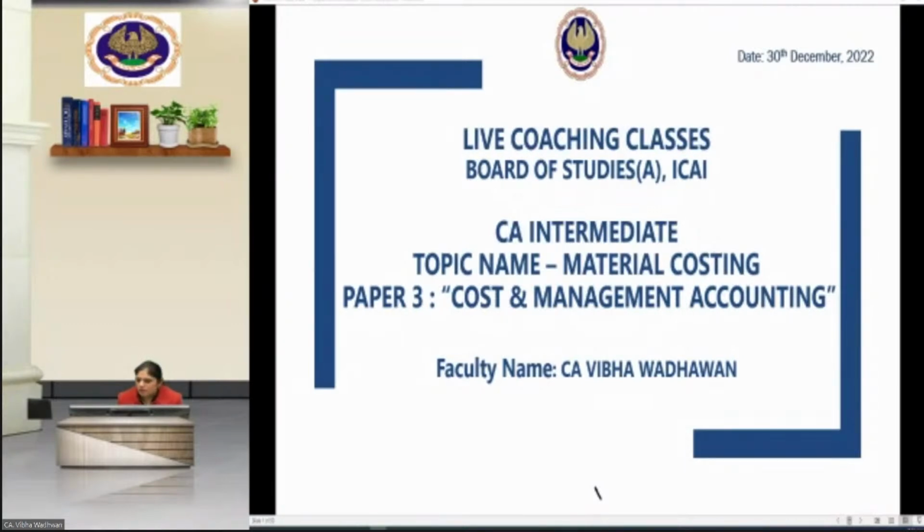Material costing is basically a very prime element of costing. It's one of the important elements of cost. If you have attended the introduction class, as per the elements of cost, there are material, labor, and direct expenses. Material is a major element of cost, and in every product the material cost is very significant.